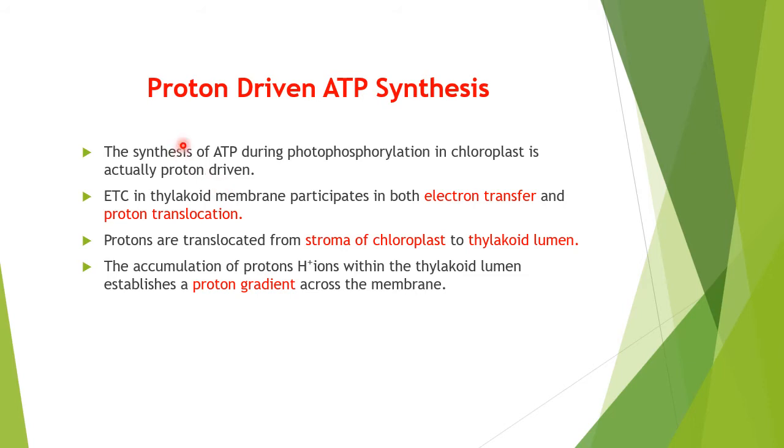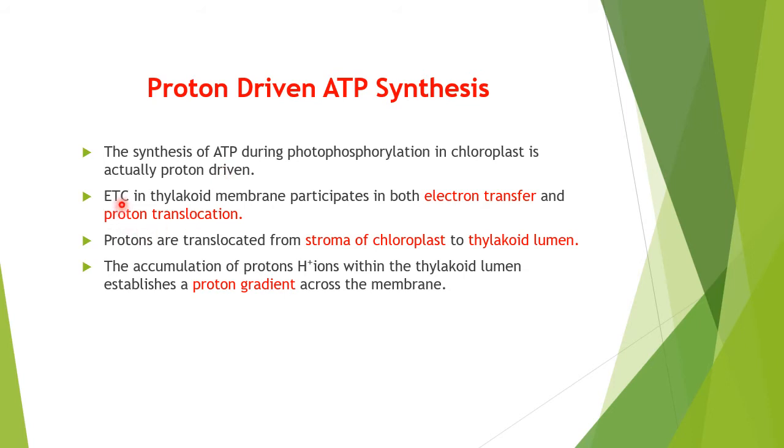Let's understand how there is ATP synthesis, because the Z scheme doesn't explain it. It has only shown that there is a coupling at the cytochrome b complex, but let us see that there is a proton-driven ATP synthesis. As you have seen in the case of oxidative phosphorylation in the mitochondria, the synthesis of ATP during photophosphorylation in chloroplast is actually proton-driven. We'll understand it.